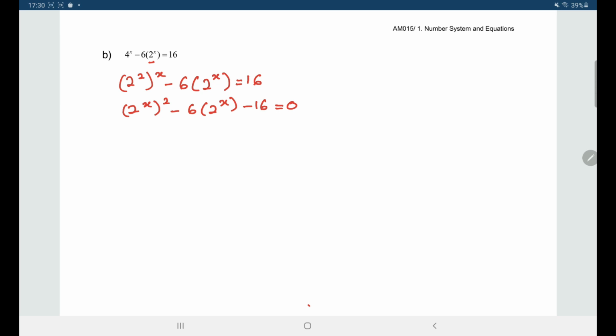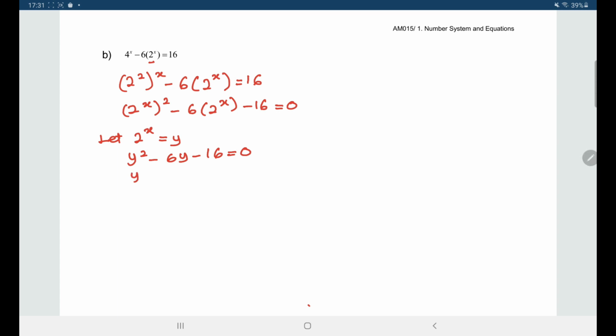Okay. By using the substitution, let 2 power of x equals to y. And then substitute into the equation. So we get y squared minus 6y minus 16 equals to 0. Then we factorize the equation.